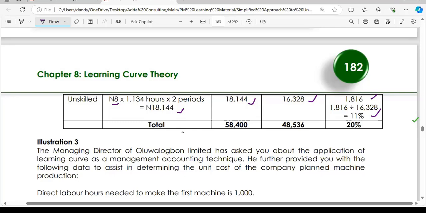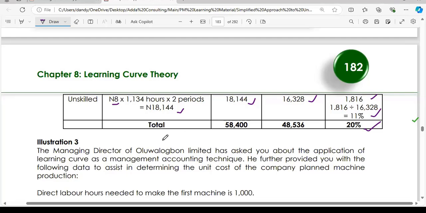What's the difference? 58,400 minus 48,536. That's about 9,864. Labor cost has increased by 9,864. That's overall 20%.